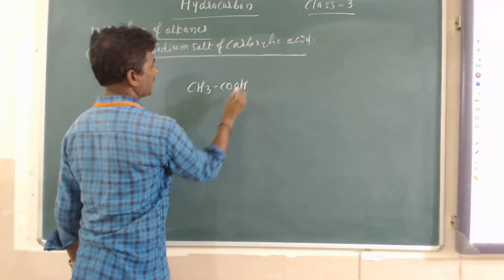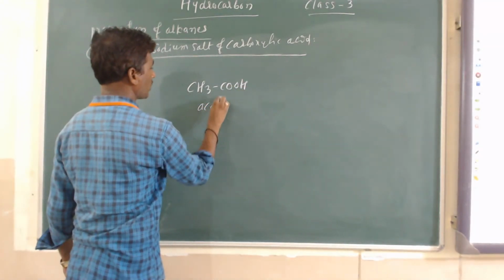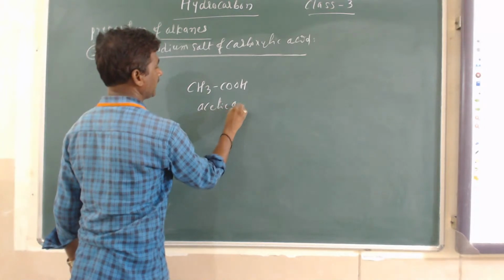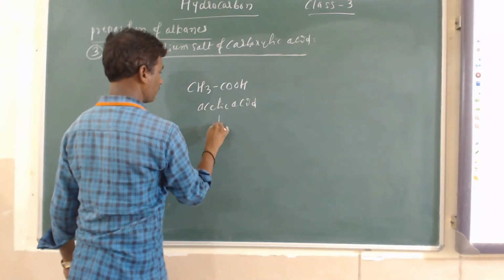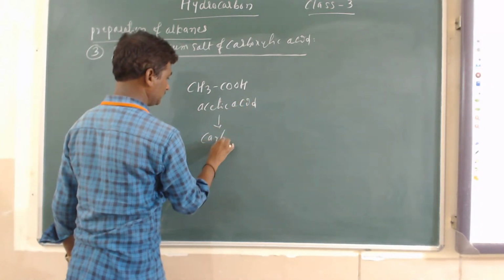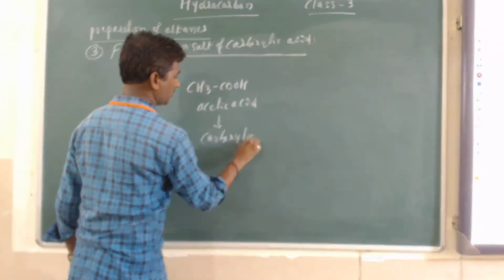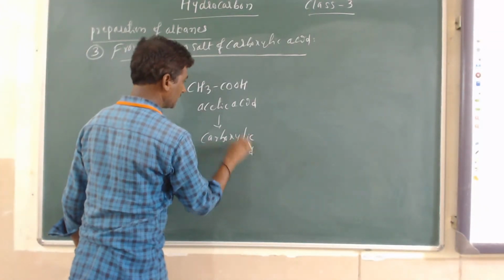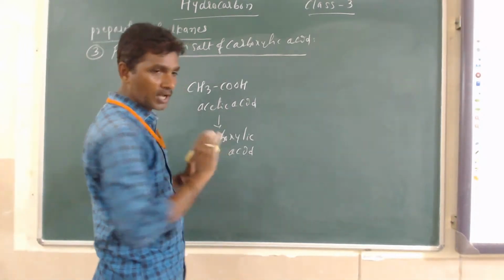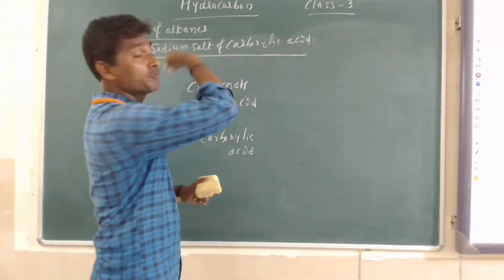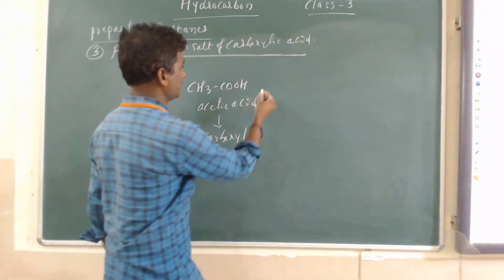The name of this carboxylic acid is acetic acid. Acetic acid is an example of carboxylic acid. Here we need the sodium salt of carboxylic acid.